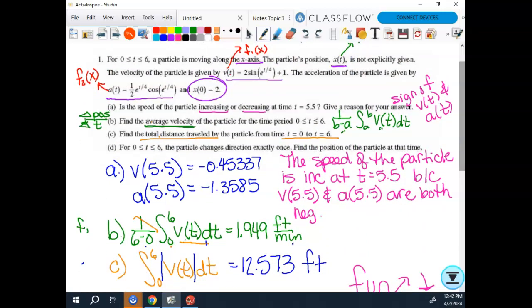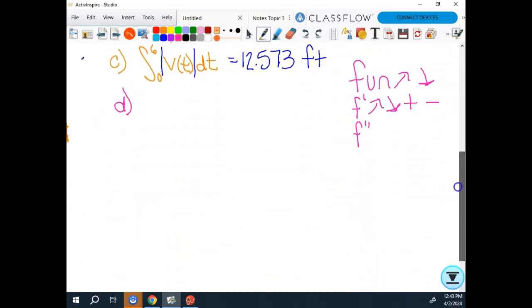What is that letter? T. It's time. So what we have is t equals 5 point something, something, something. And we put it in B. So we're going to put a little t sub B on there. Well, that's great. So I know what time it changes position.